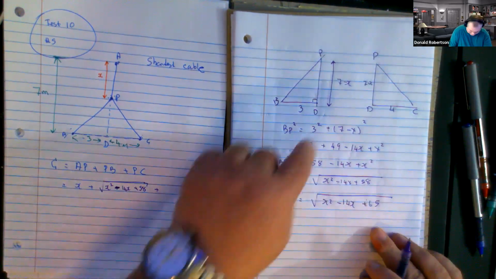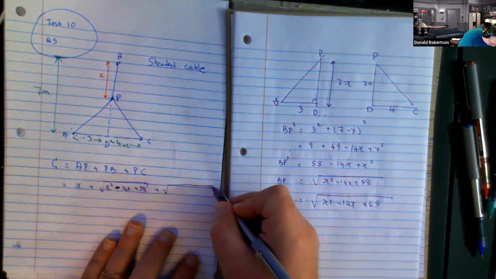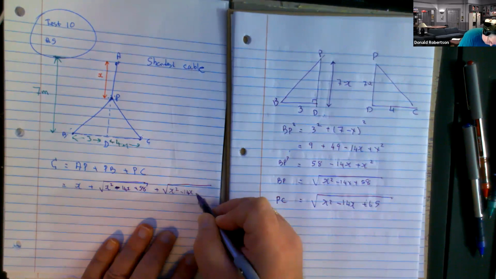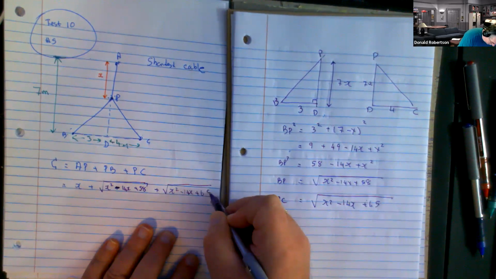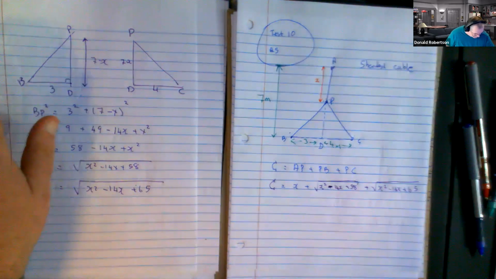Can you imagine I did the same thing and got that? So it's X squared, take away that one, plus 65. And we have what we call in these situations the optimization function.